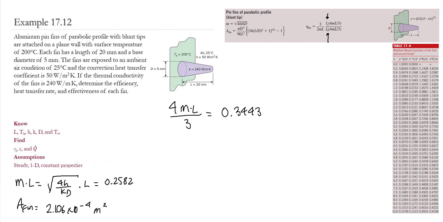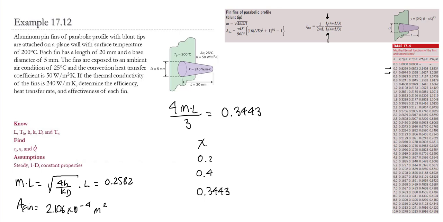That is the value inside of the modified Bessel function, which, looking at your table, in this case 17.4, corresponds to the value of x. So now we need to interpolate. The interpolation is going to be between 0.2 and 0.4, since the value that we're looking for is in between those two. I'm going to show you how to solve for I0, and then you could do the second part. So we have x values of 0.2, 0.4, and 0.3443.